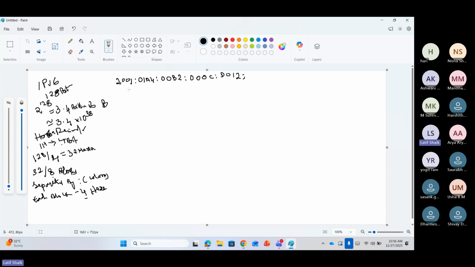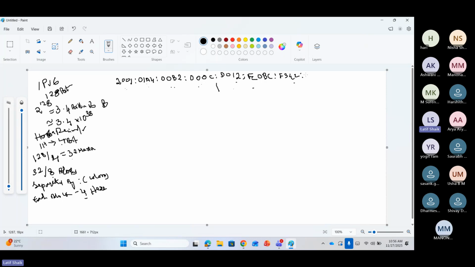How many blocks? 1, 2, 3, 4, 5. Okay, like this. So totally 1, 2, 3, 4. Not yet completed.